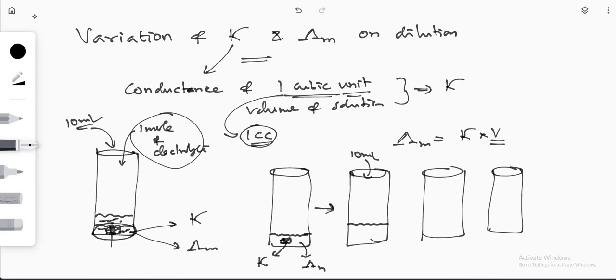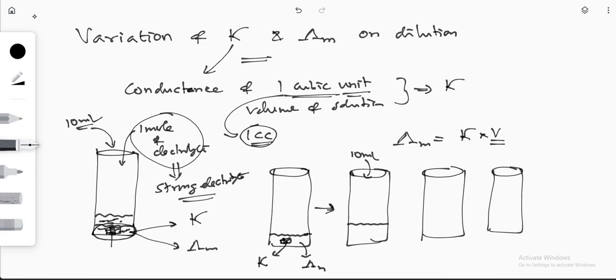If the volume increases, students, observe carefully. To start with, let me take a strong electrolyte. You know very well, strong electrolytes undergo complete ionization.